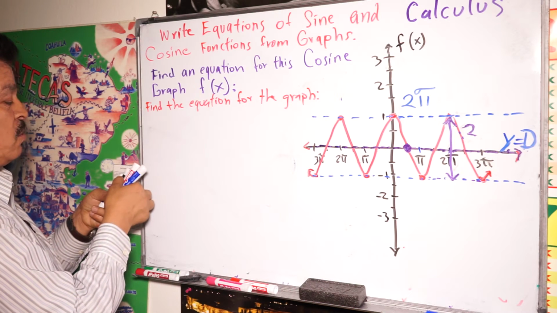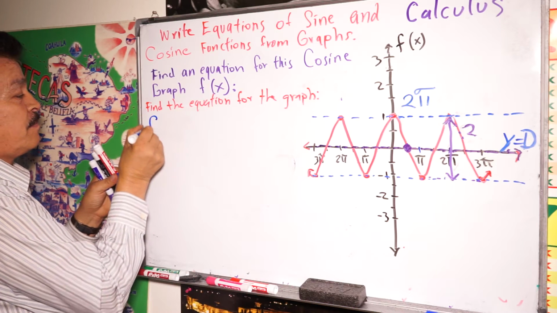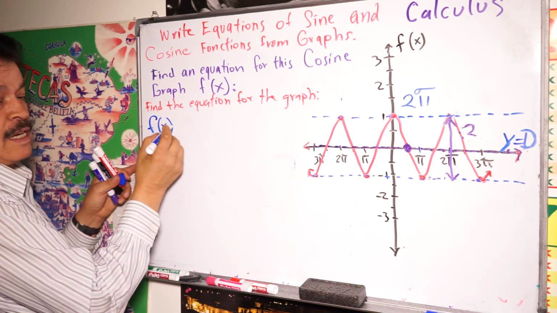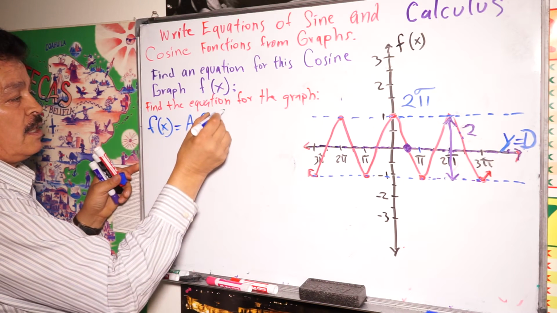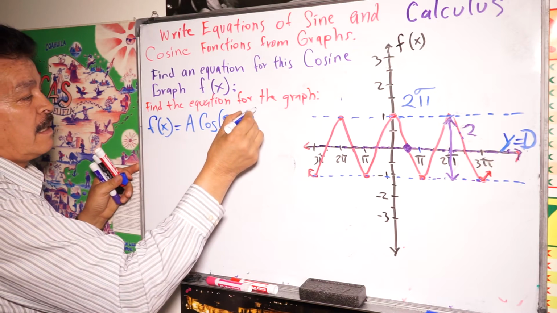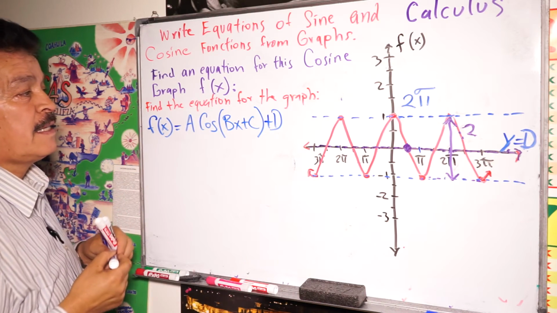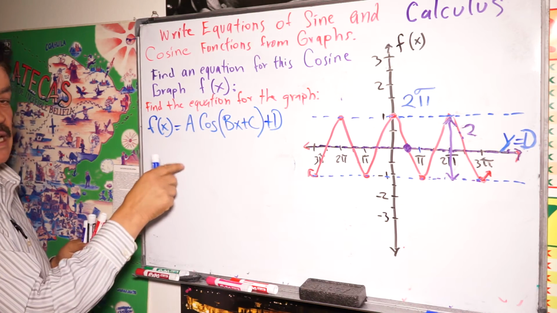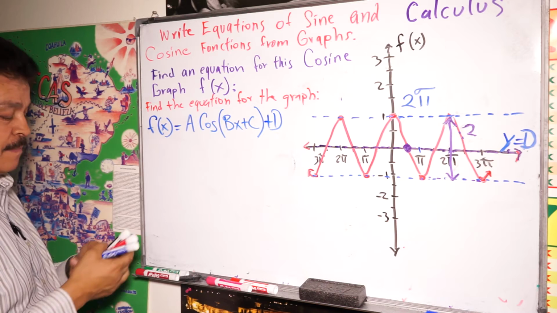The equation that we have here is f(x) equals A cos(bx plus C) plus D, right? Now you summarize everything.